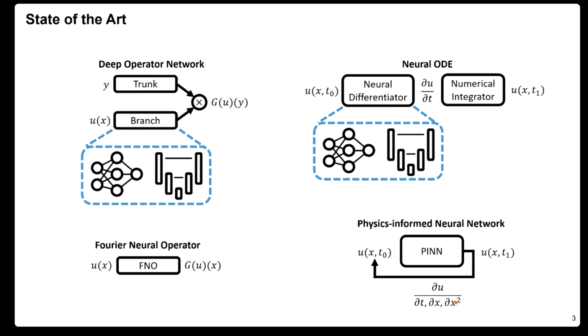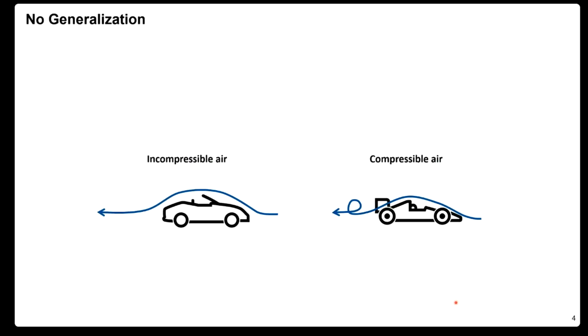As I said, these models are all well established. They work nicely on some problems. The problem is they don't do well in generalization tasks. Just as in our example with the car, now we are designing a completely different car, a racing car for Formula One, for example, and now the car is moving much, much faster.